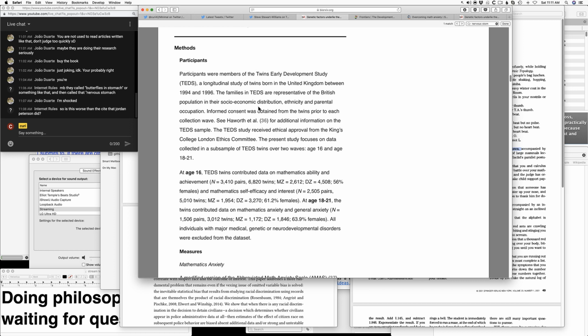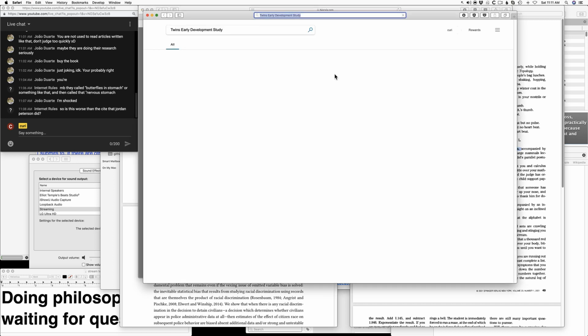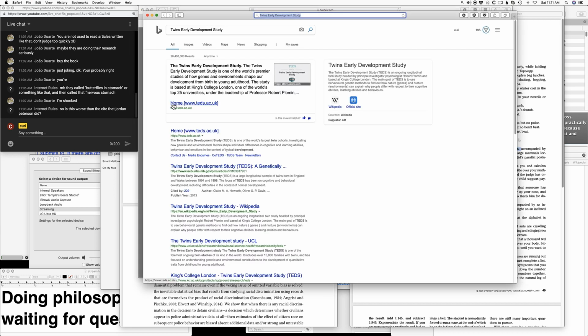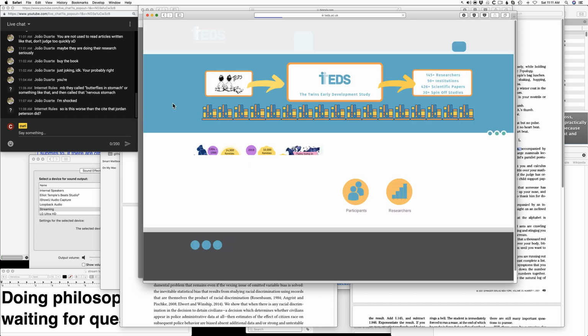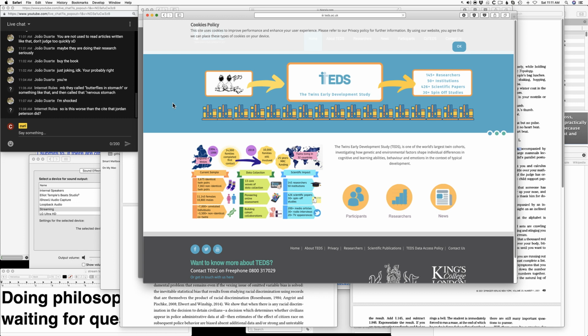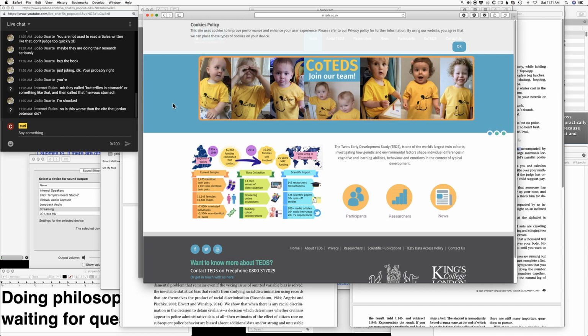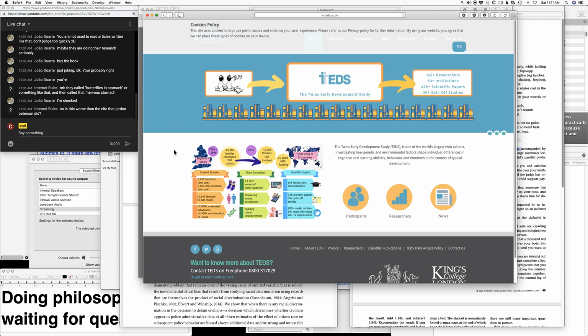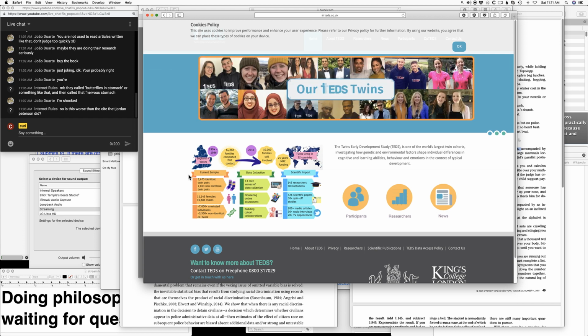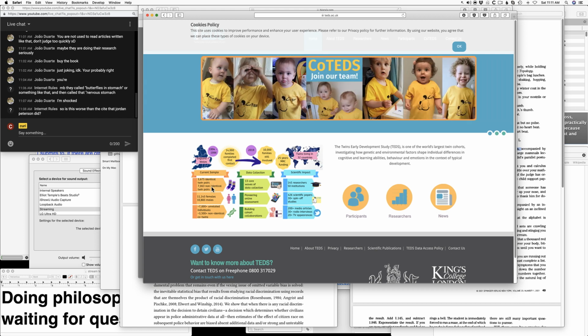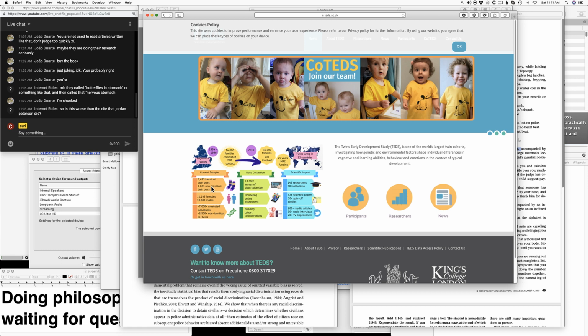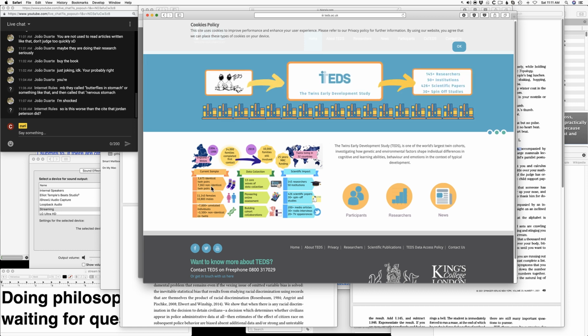See some other paper for information on the twins' early development study sample. Okay, well, here's their website. They have identical and non-identical. How many were raised apart?